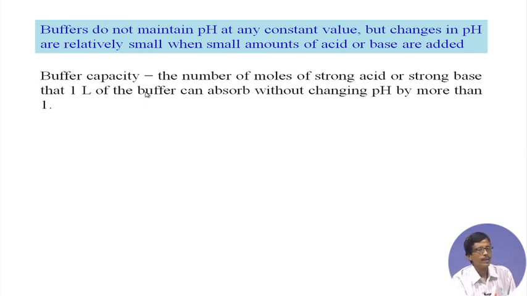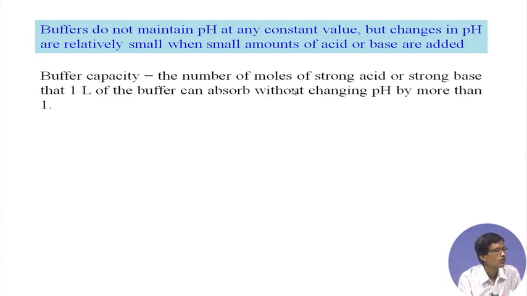And a related term, buffer capacity, is defined in terms of the number of moles of strong acid or strong base that 1 liter of buffer can absorb without changing pH by more than 1.